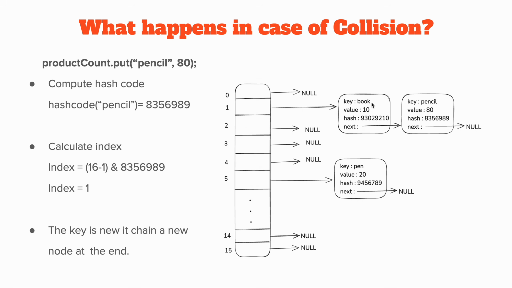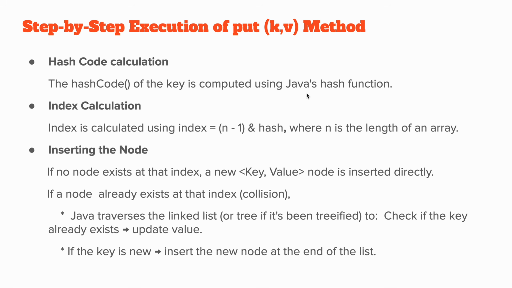If it is present, it traverses the linked list and places a new node at the end of the linked list, right? Now the next pointer will point to the address of this new node, and after this there is no other node, so it will point to null. So this is what happens in case of collision. This is the summary of the step-by-step execution of the put method we have discussed so far.